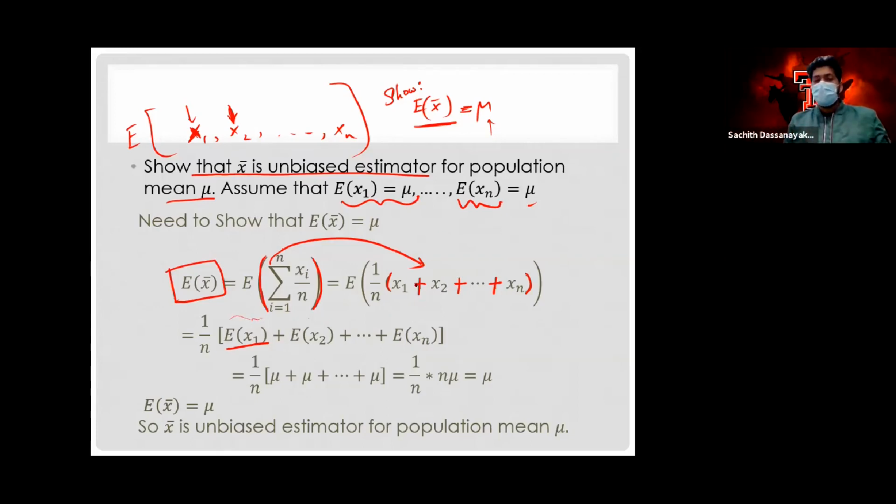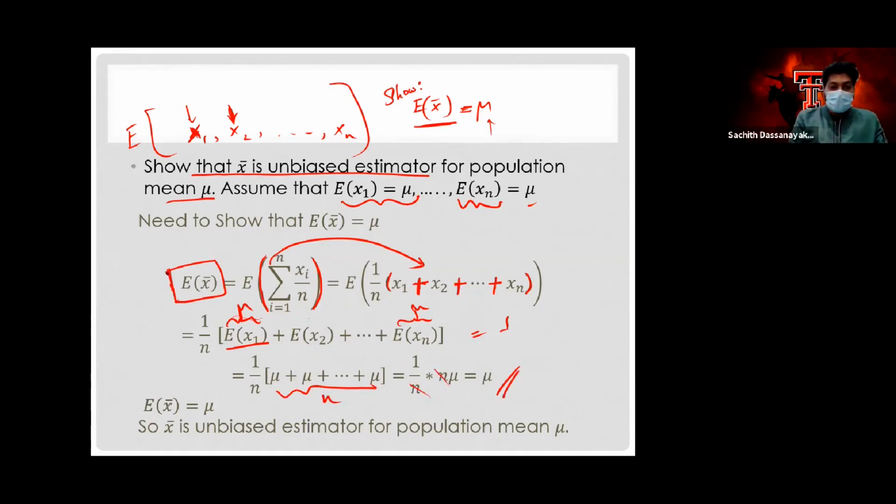In between, it's a summation. This is mu, this is mu, this is mu. How many mu's are there? n mu's, so there are n times mu. So 1 over n times n mu, simply cancel and you will get mu.